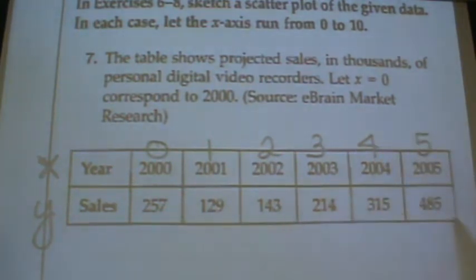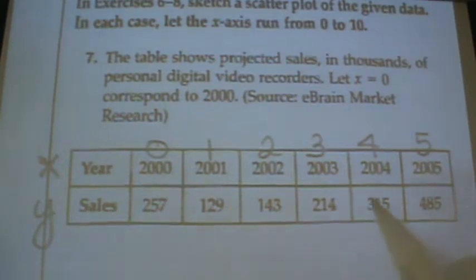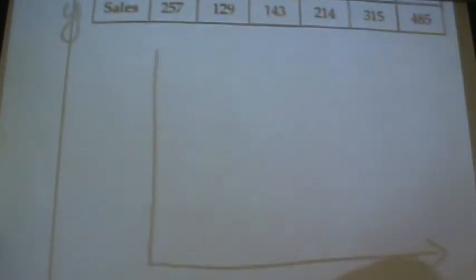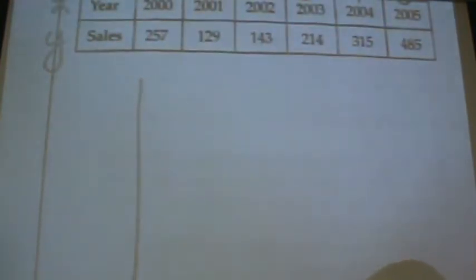Now, these are sales in thousands. So when you do your x and y axis, make sure you label. So x is going to be year, 0 would represent the year 2000, 1 would represent 2001, 2 would represent 2002, 3, 4, and 5.